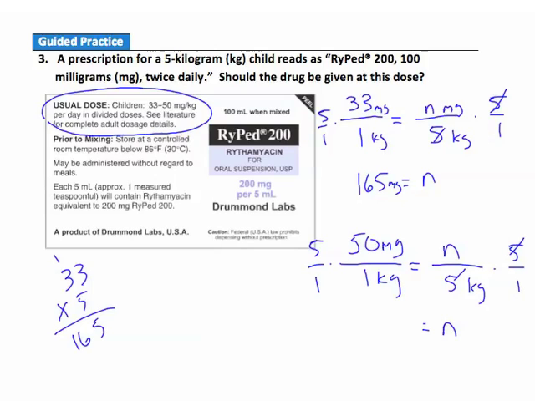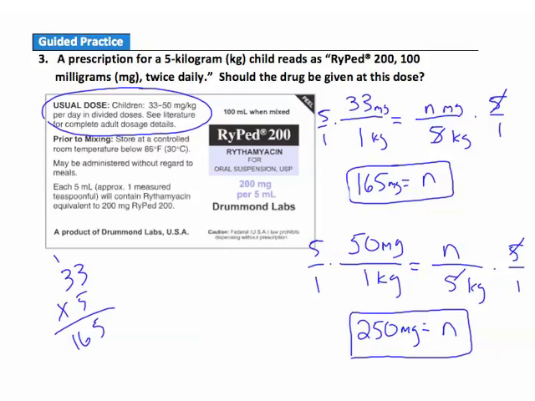On the left side, it looks like we're going to take 5 times 50. Well, 5 times 5 is 25, so 5 times 50 is 250. Okay, so it looks like on the low side of things, we could prescribe 165 milligrams to this child. On the high side of things, we can prescribe 250 milligrams.